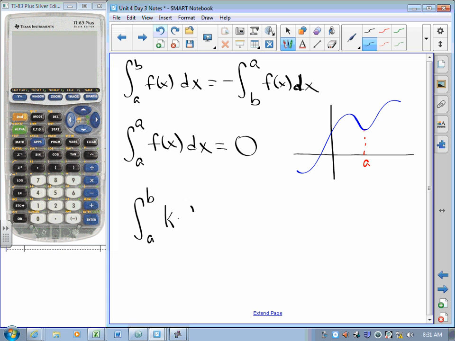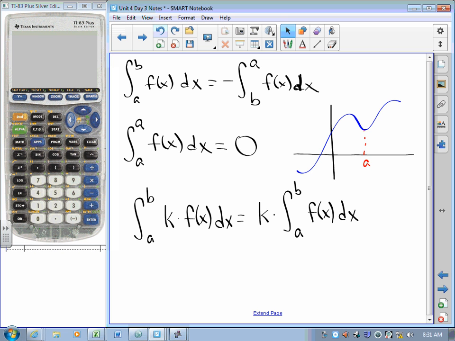The integral of k f of x dx is the same thing as k times the integral of f of x dx. In other words, constants can pass through an integral barrier like some osmosis diffusion reference we'll throw in here. We've got to know those references. Why does that work?